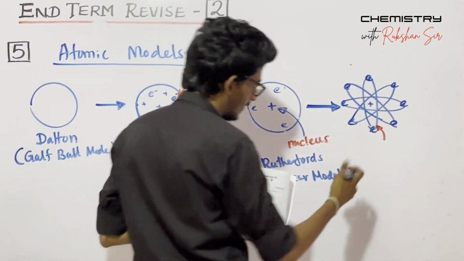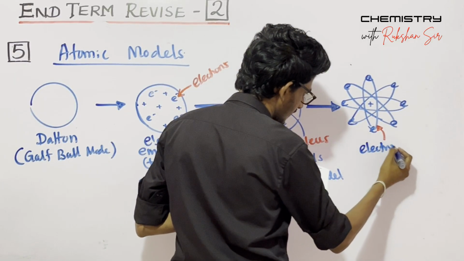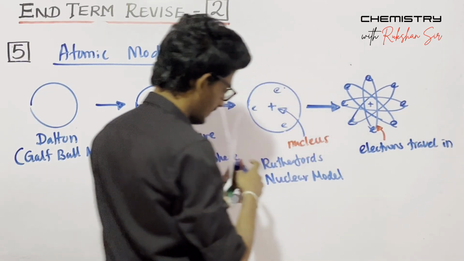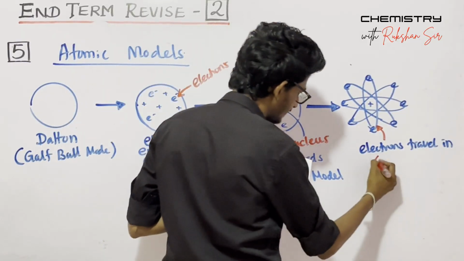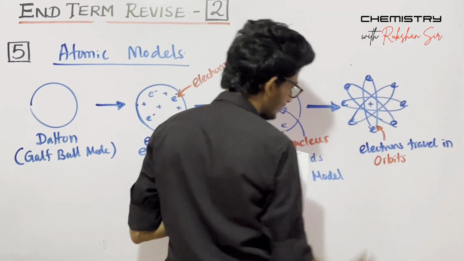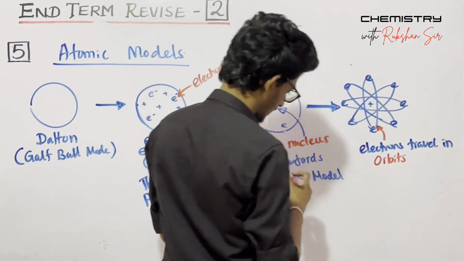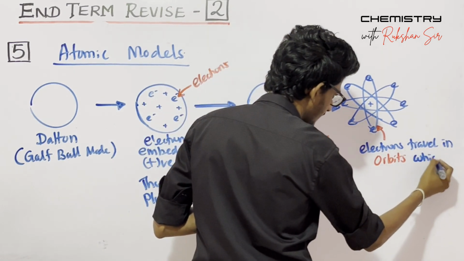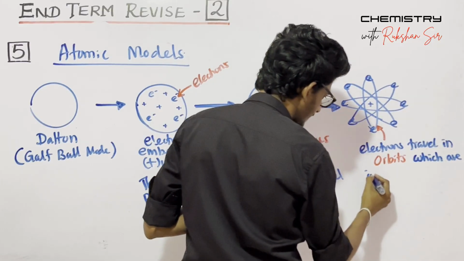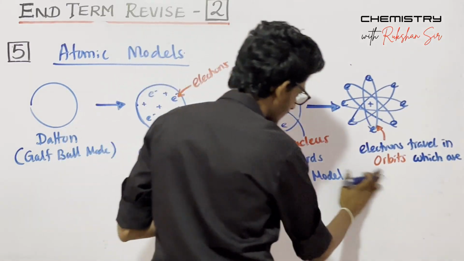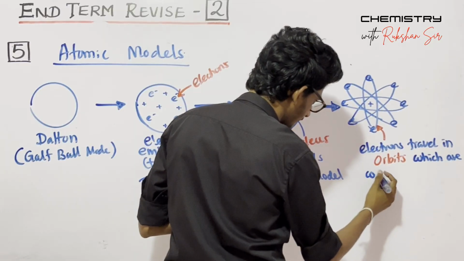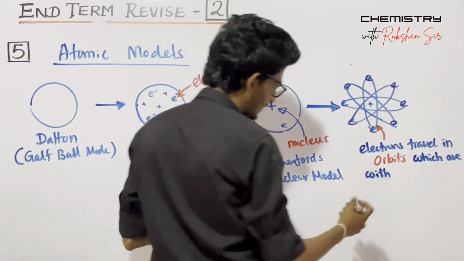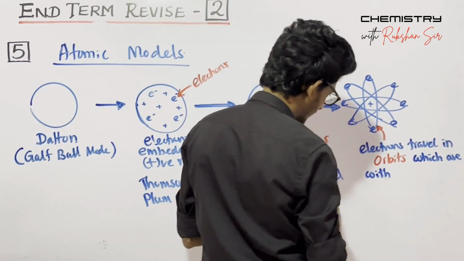Electrons travel in orbits which occupy energy levels.